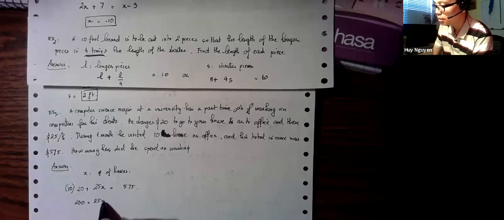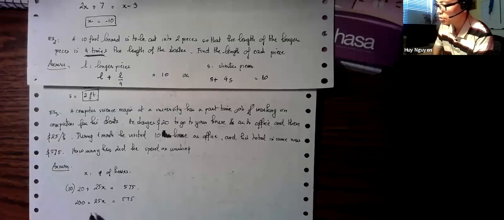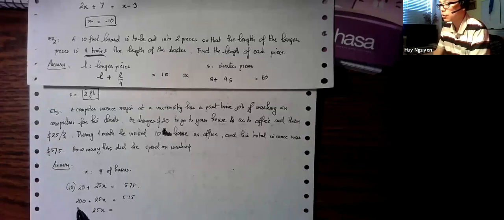That's 25x equal 575. So 575 minus 200. Subtract both sides by 200.